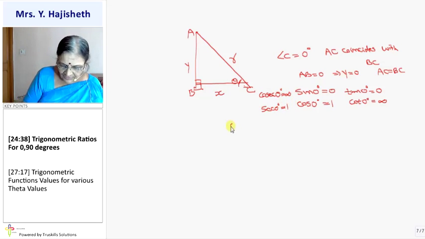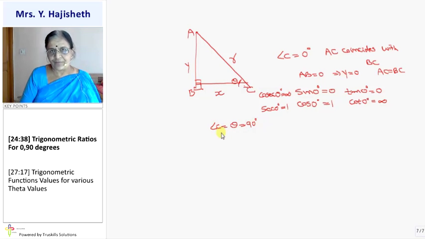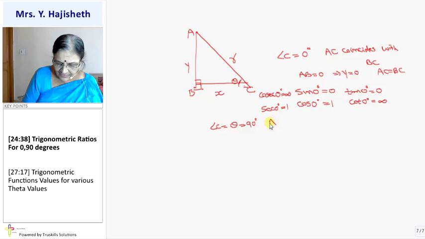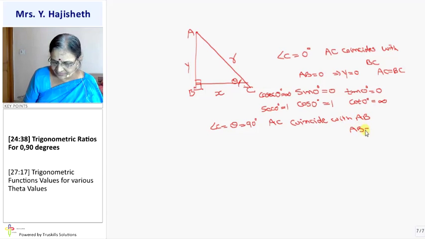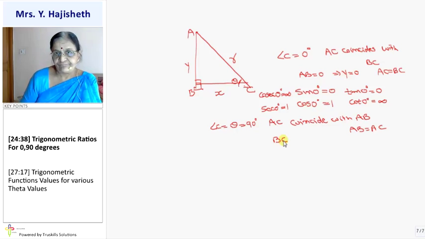Now if theta is 90, I want to make theta, that is angle C, theta is 90. Then my AC coincide with AB, matlab AB is equal to AC, and my BC is going to become what?